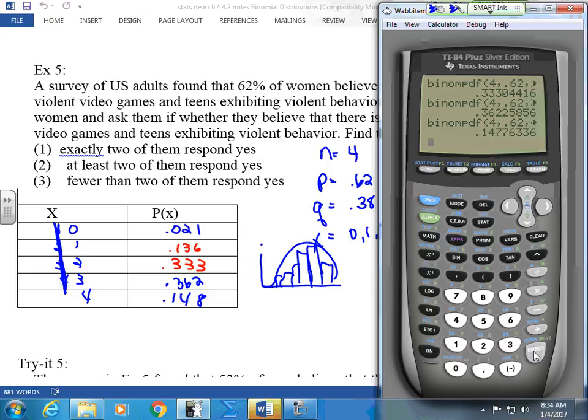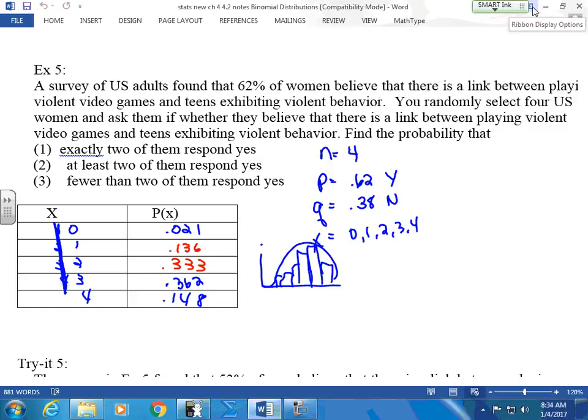Okay, so now, let's use our chart and answer these questions. What is the probability that exactly 2 of them say yes? 0.333. I go right to my chart. 0.333. Exactly 2. What is the probability that at least 2 say yes?